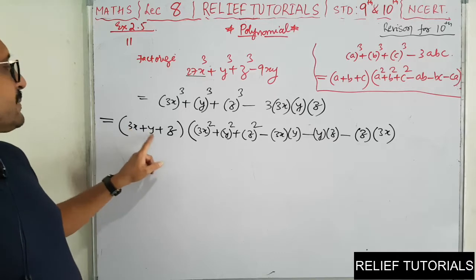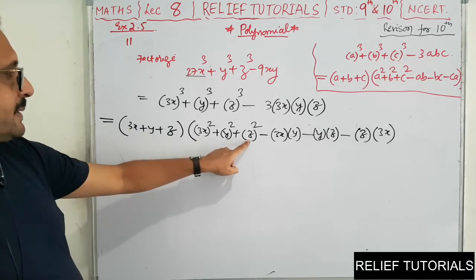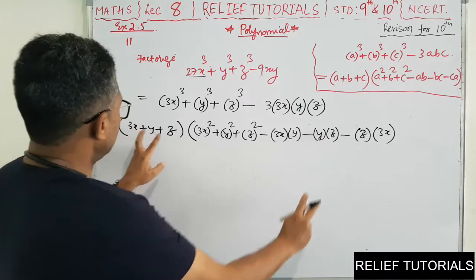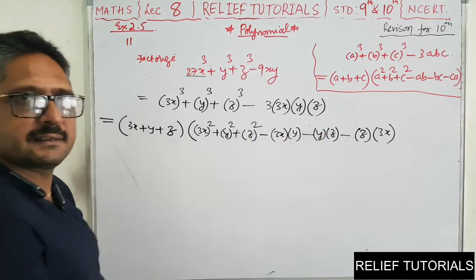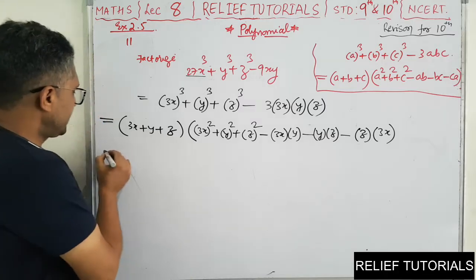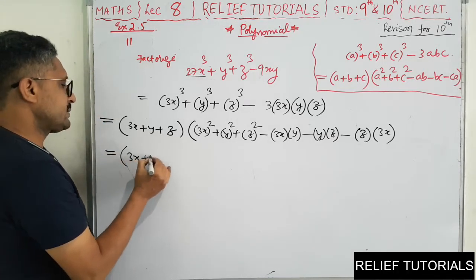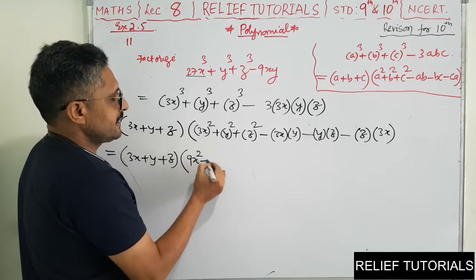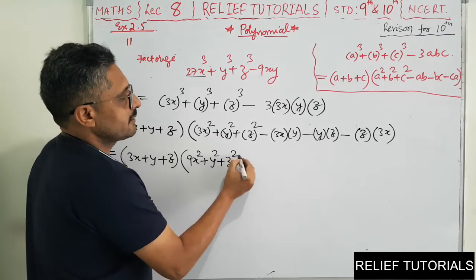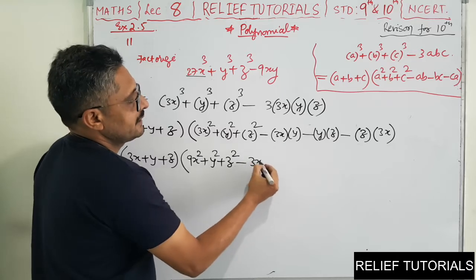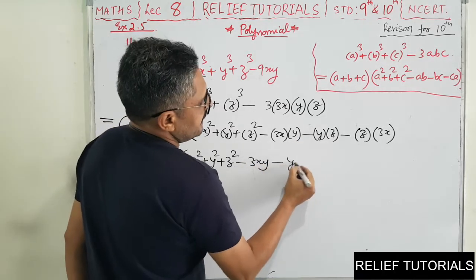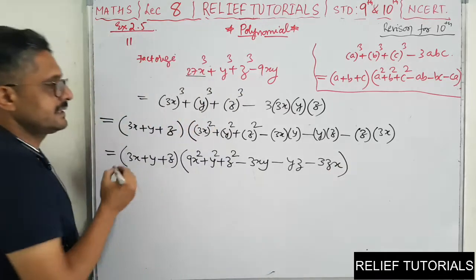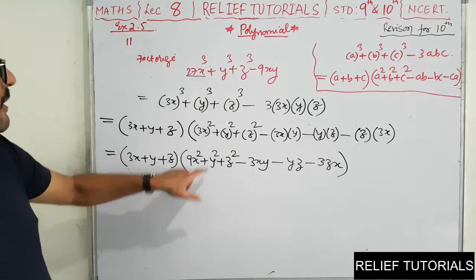So what you will get is 3x plus y plus z, times (3x) whole square, that is 9x square plus y square plus z square minus 3xy minus yz minus 3zx. This is the factorization of this term.